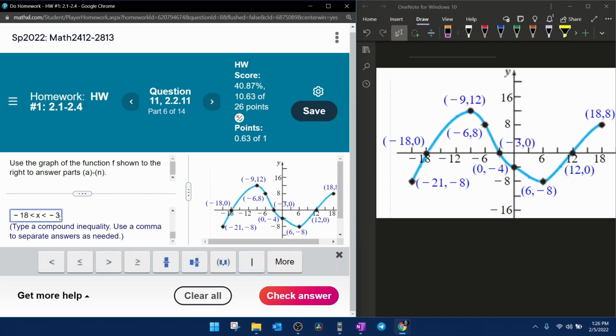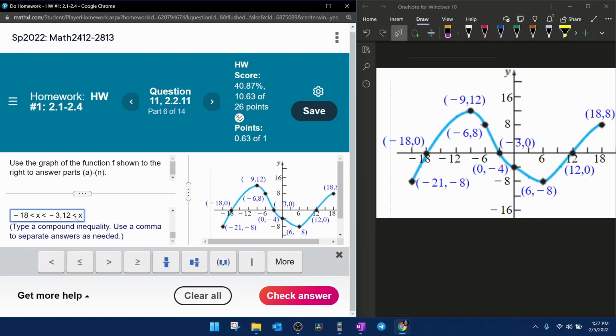Then we need a comma because we do also have another piece of the graph from 12 to 18. Again, we're going to input the leftmost value, less than x. And then here be careful because remember at 12 it is 0, so 12 is not allowed to be included.